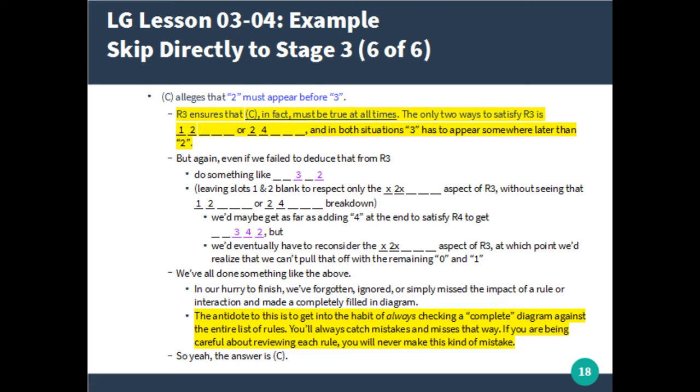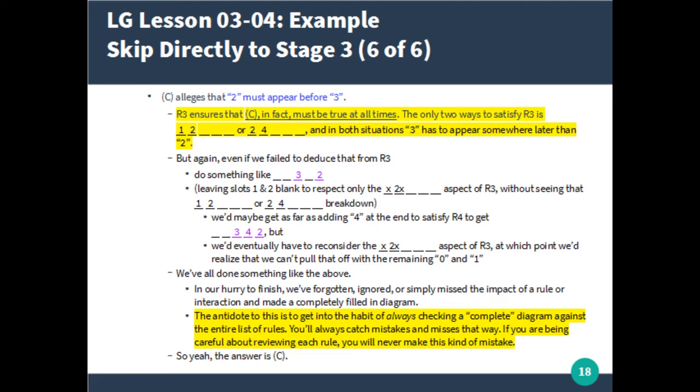Even if we didn't see the 1, 2, 2, 4 breakdown, we at least know that we need to keep 3 out of spot 1 and spot 2. So we end up with 3, blank, 2, because that would be the alternative to 2 appearing before 3, which is having 2 appear after 3. We maybe get as far as adding blank, blank, 3, 4, 2 at the end to satisfy Rule 4. But we'd eventually have to come back and consider the x-2x aspect of Rule 3.